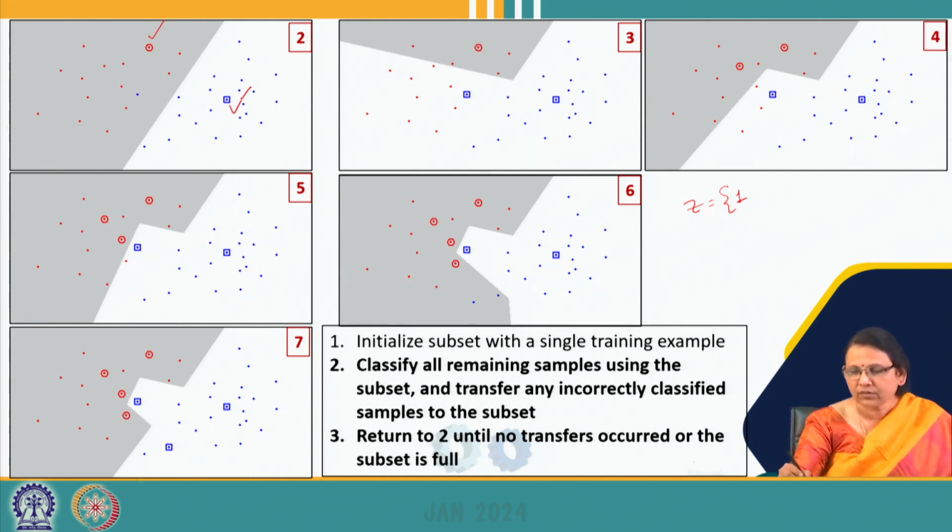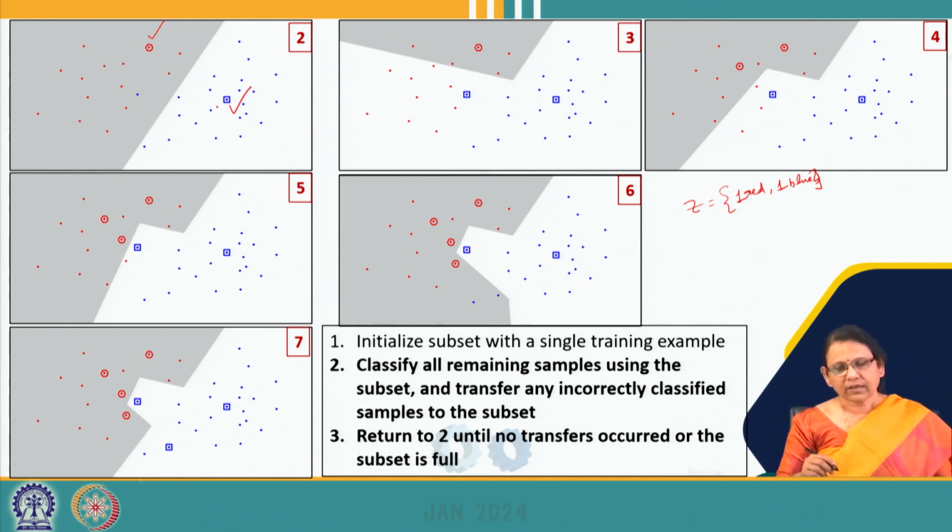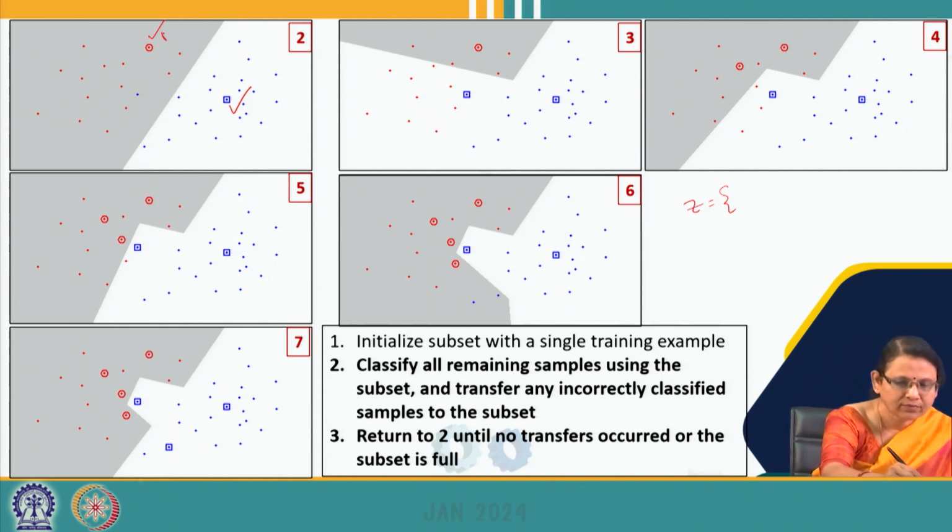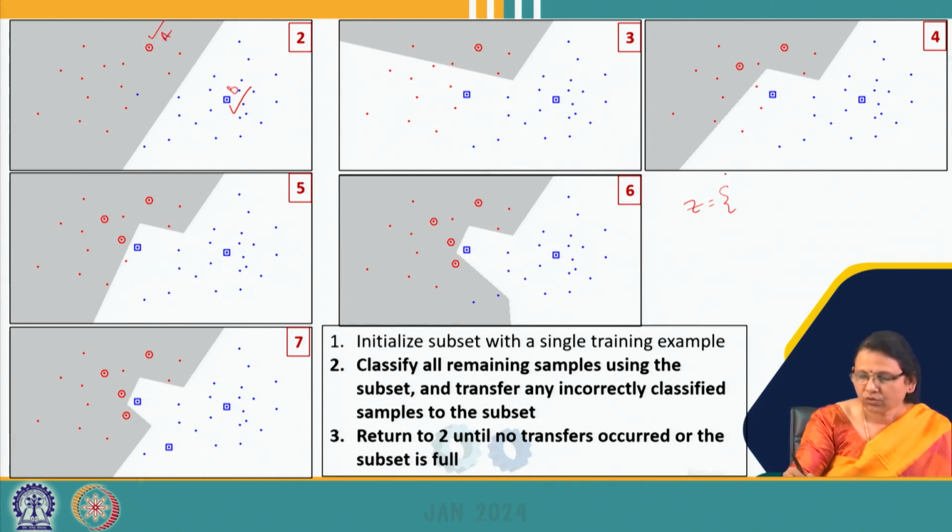Now, your Z contains one red pattern and one blue pattern. What happens next? Keep these two inside Z. So, rather we will name these patterns. Let this be A, let this be B. So, we now have A and B in our set Z. Both of these have a certain class.